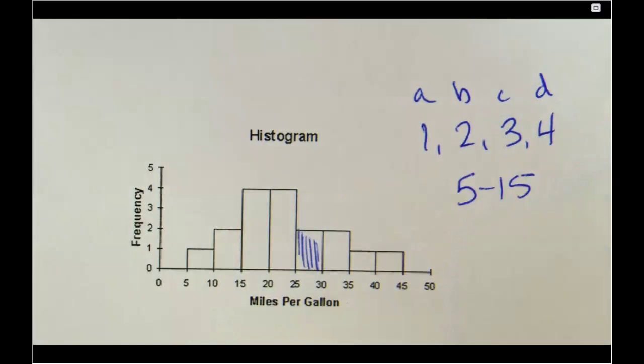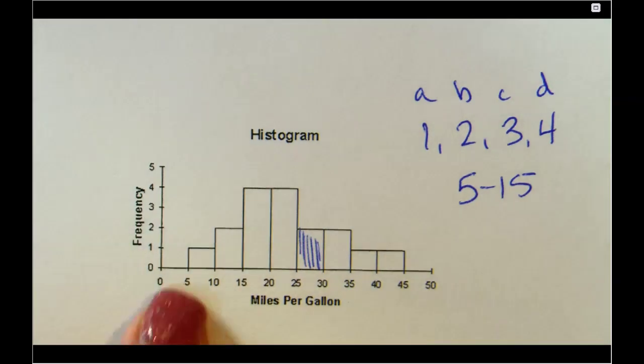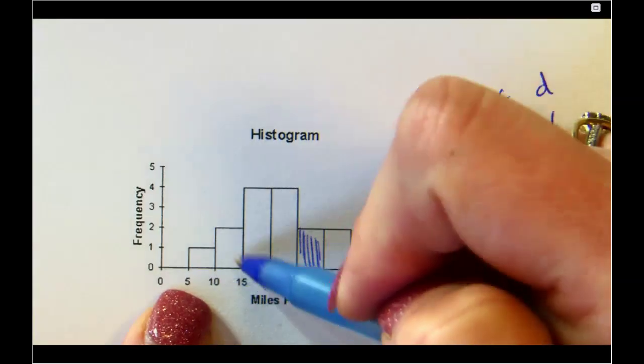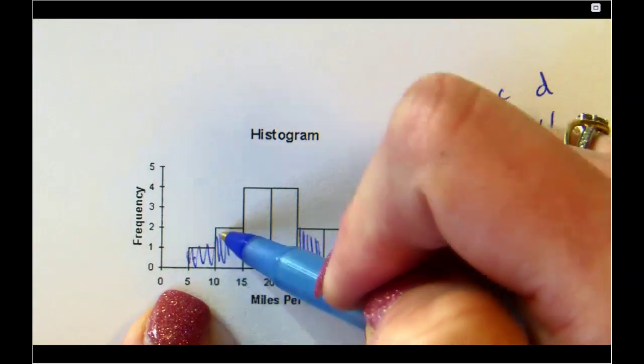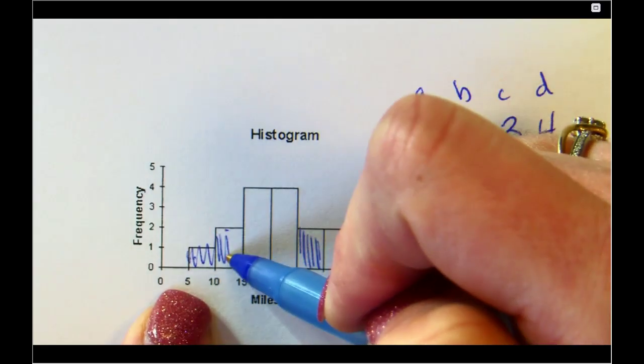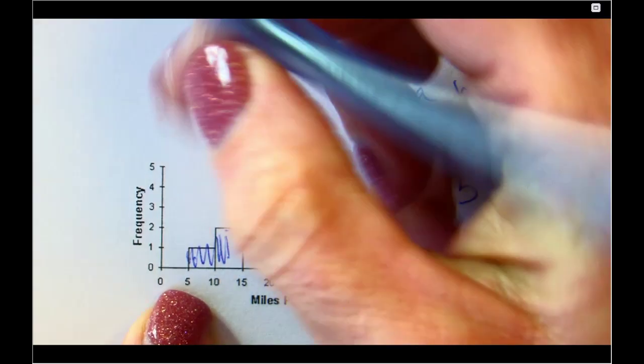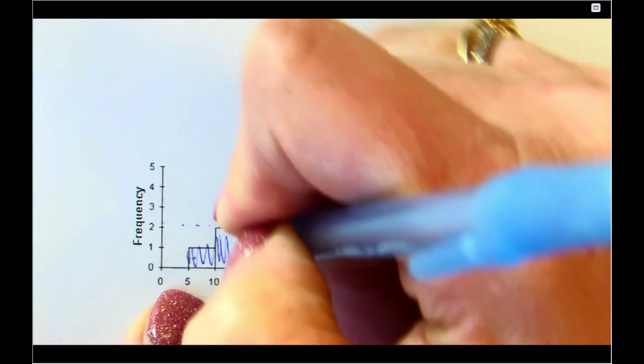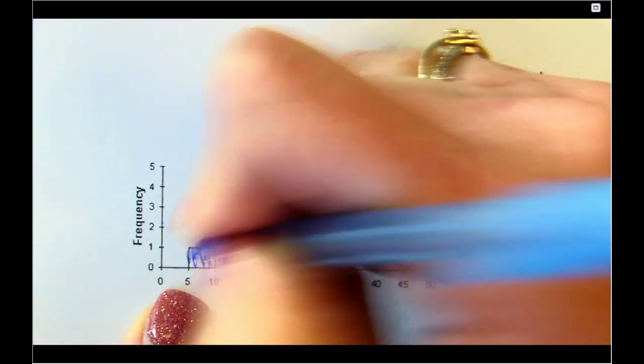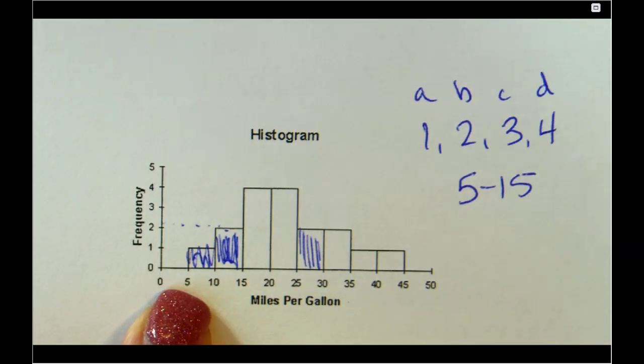I'm asking for between 5 and 15. It's 3. Here's 5, here's 5 up to 15. 1, 2, 3. This one is too high. So this represents two cars in here and one in there. Make more sense?